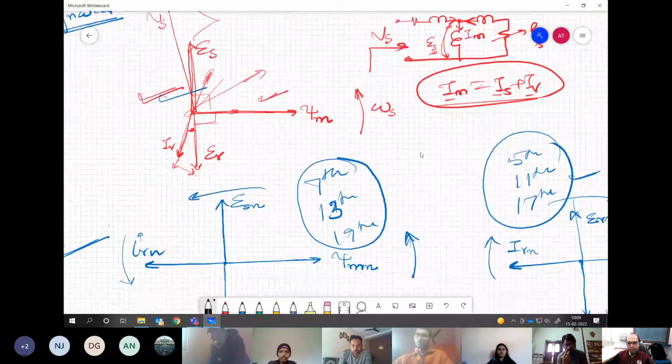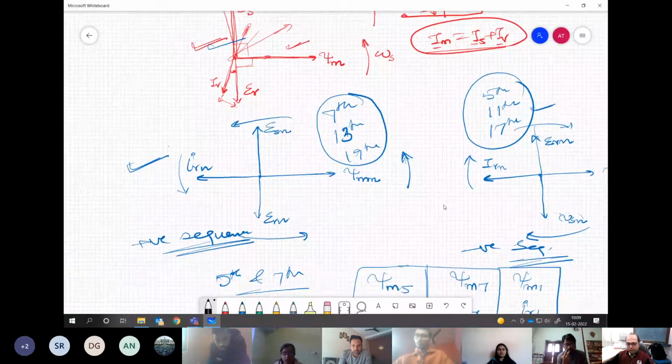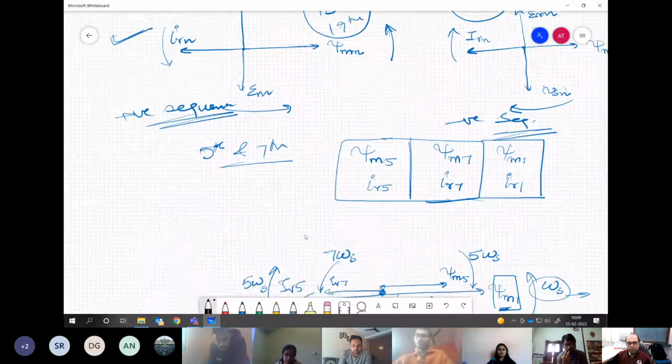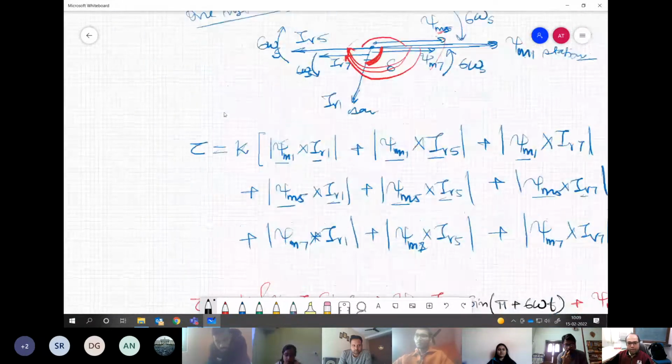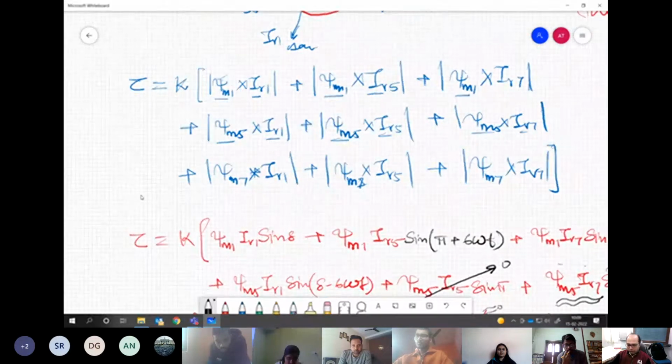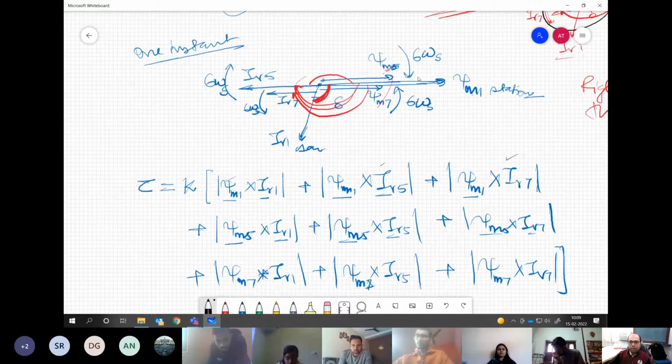What is happening when you apply some harmonic voltage on the motor, how it interacts with the fundamental components, and what is the impact of that on the total torque. In general, if you take the fifth and seventh, the most dominant harmonics, the relative speed of these two harmonics with respect to the fundamental is the same. That's why we are considering these two harmonics here.